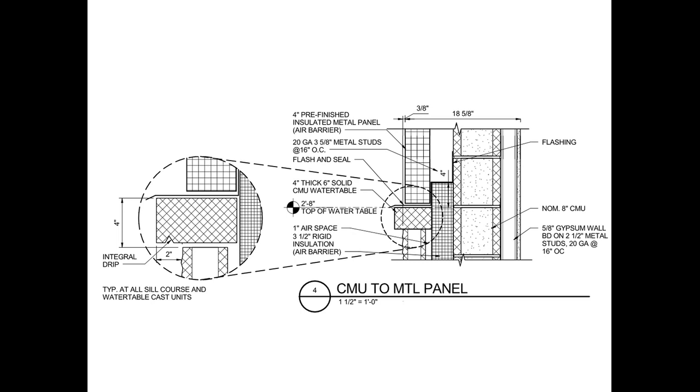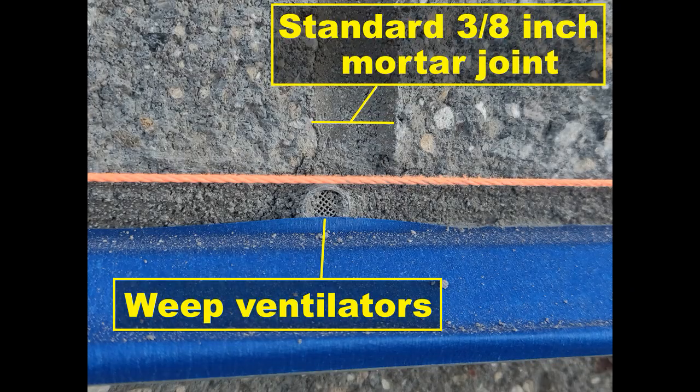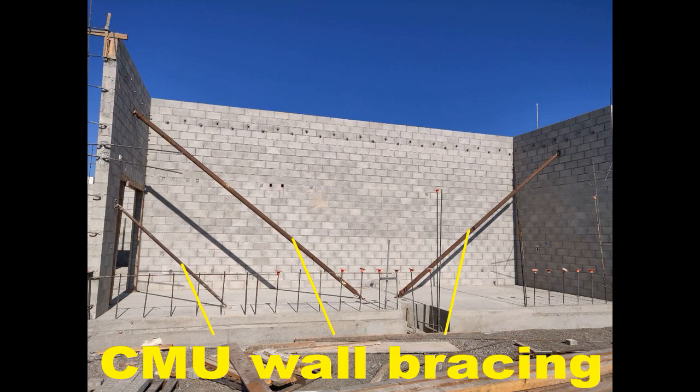Place weep holes perfectly horizontal or slightly canted downward to encourage water drainage outward and not inward. Other methods may be used for providing weeps when spacing is reduced to 16 inches on center and approved by the building official. Maintain weeps free of mortar and other obstructions.